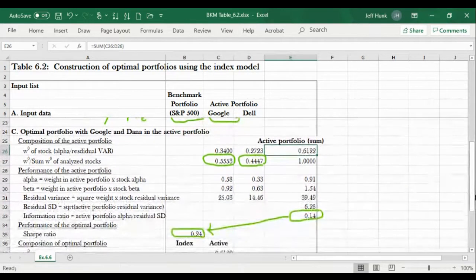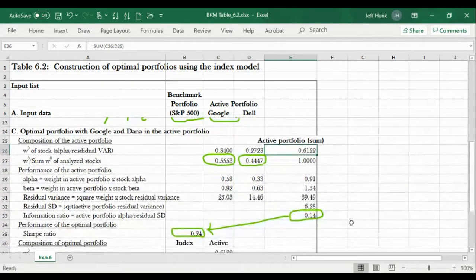Then what does that mean? Then the passive portfolio, the weight of the passive portfolio, will be 1 minus this one. But let's see. First of all, alpha of Google, alpha of Dell, and weighted, right?